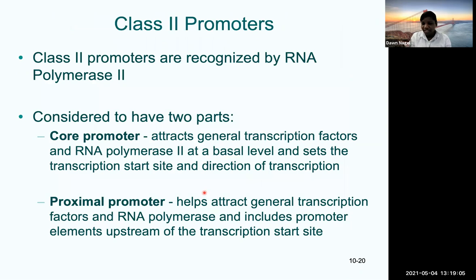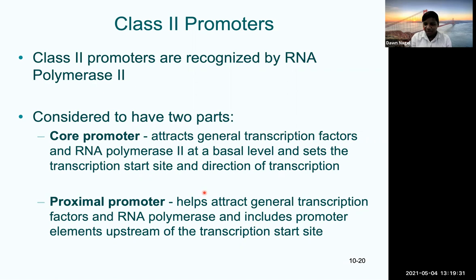Because we're talking about RNA polymerase 2, we will talk about the promoters that are recognized by RNA polymerase 2. We're not going to talk about class 1 and class 3 promoters because, as mentioned, class 1 is a lot of the ribosomal subunits or the ribosomal genes, and class 3 is one group of the ribosomal proteins and also tRNAs.